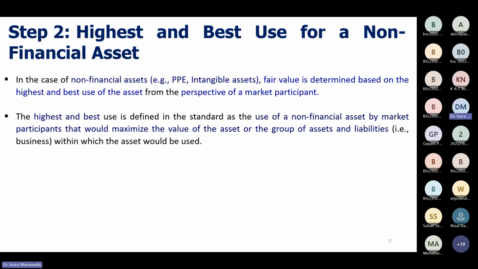Highest and best use has been defined in the standard. That's the definition. Use of a non-financial asset by market participants that would maximize the value of the asset or group of assets and liabilities within which the asset would be used.